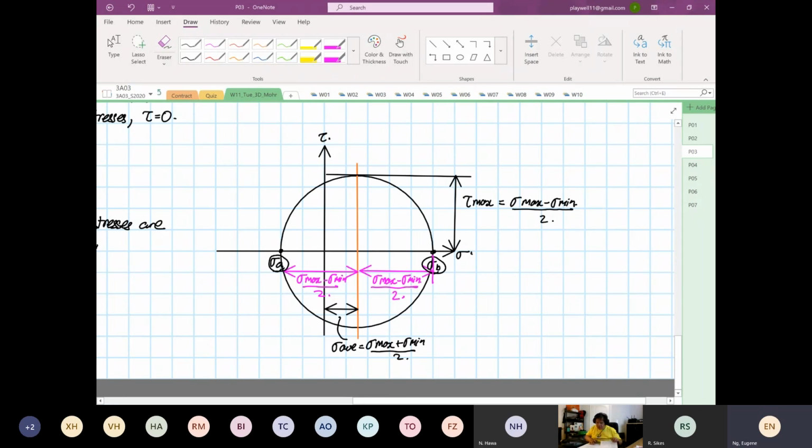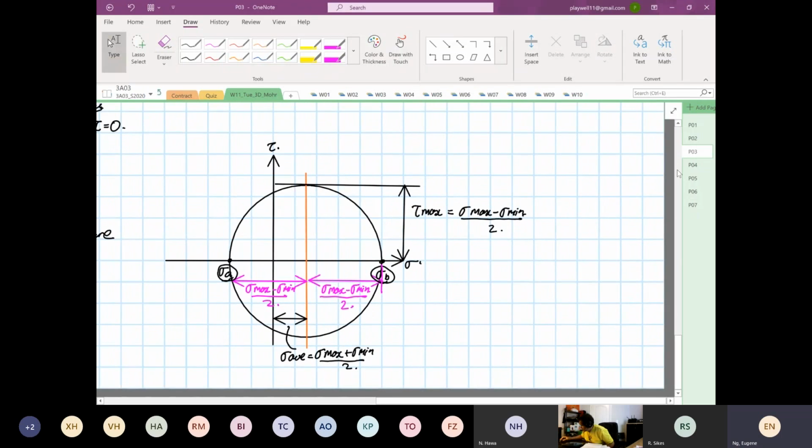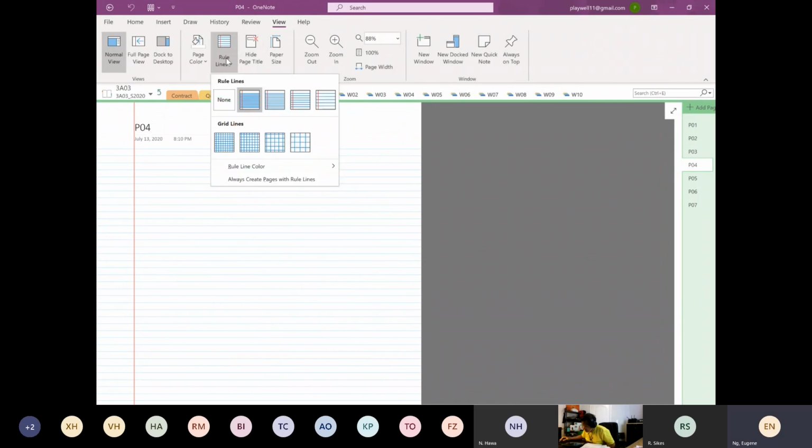So in Tresca, I'm going to draw the operating boundary of the Tresca yield criteria. I'm going to construct a different graph now.